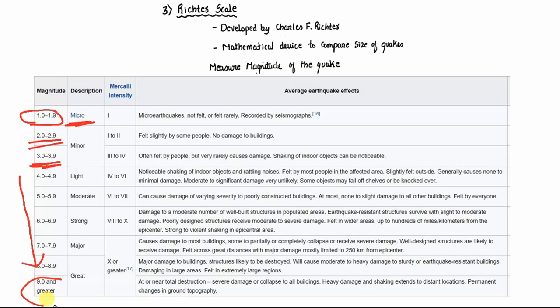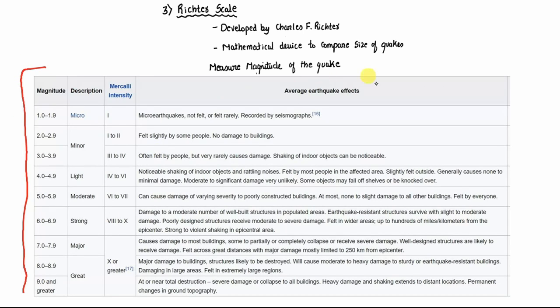From 9 and greater, it is at or near total destruction, severe damage or collapse to all buildings. And the one which happened in Nepal was near 8, in this region, and it was major damage to buildings, structures to be destroyed, will cause moderate to heavy damage. These are the magnitudes, and these are the effects. So as the magnitude increases, the effect also increases.